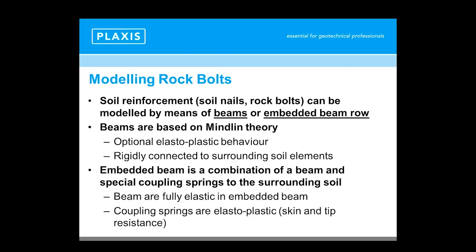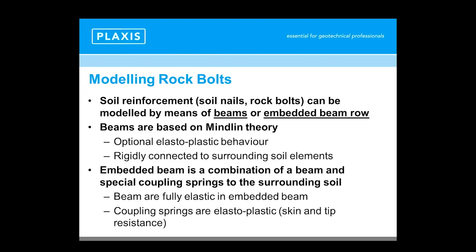Additionally, the user has the possibility to define an elastoplastic behavior, so provide a maximum value regarding forces and bending moments that the element can withstand. But still, those elements, beam elements, will always be assumed to be rigidly connected to the surrounding soil. So they will always be able to transfer shear in the soil until eventually the soil would fail.